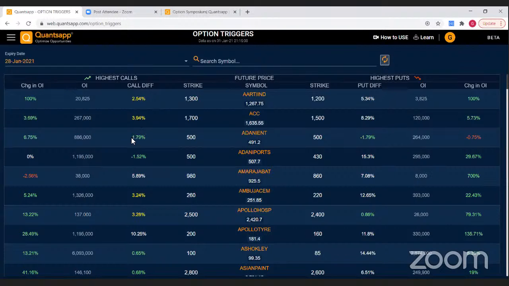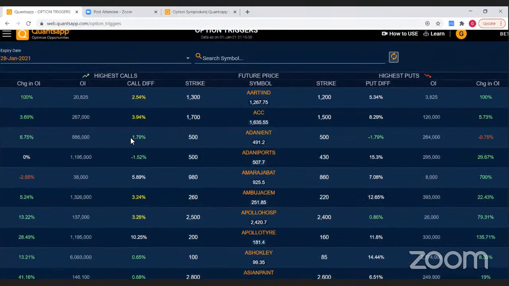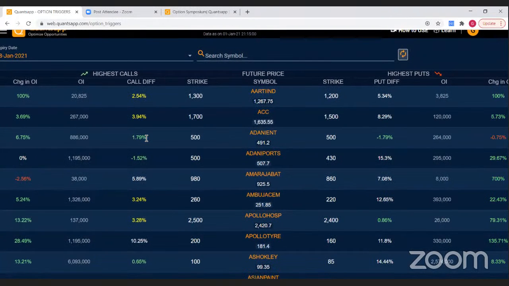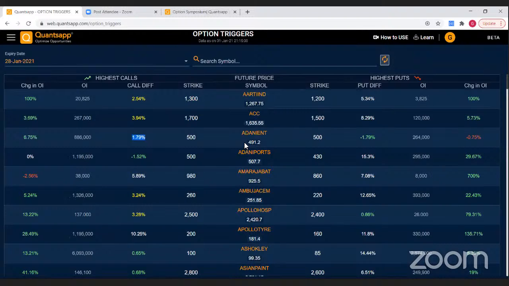If I say green, green indicates that, for example, if the future price of your underlying stock is at 100, and the future is trading at either 99 or 101, the difference will be on the side of green.